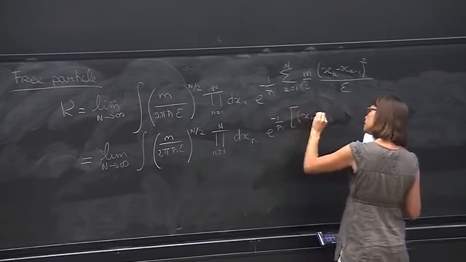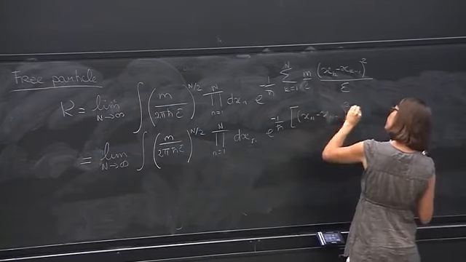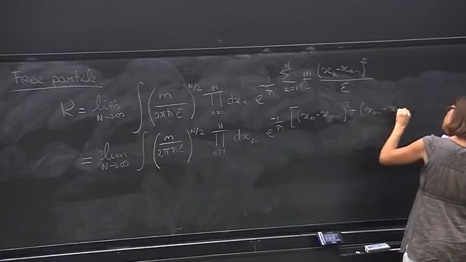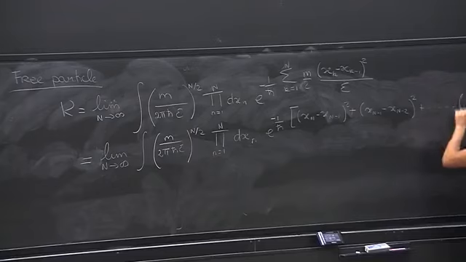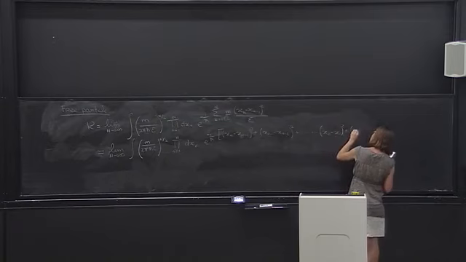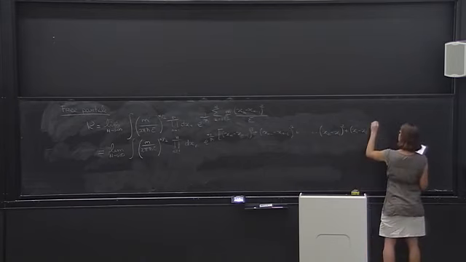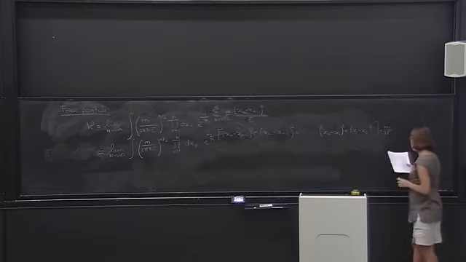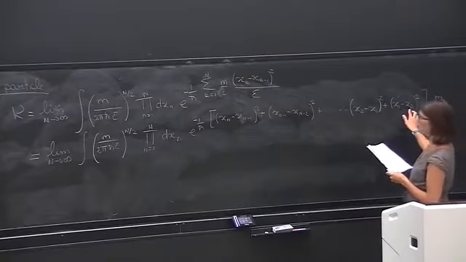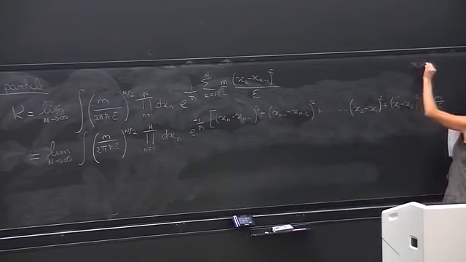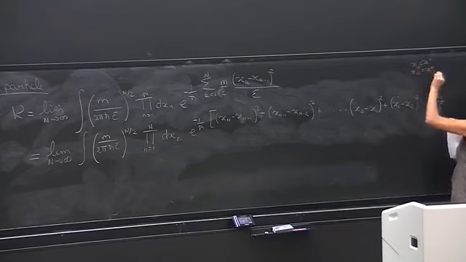So here we get all these terms until x2 minus x1 squared, times m over 2 epsilon, where x0 and xn are the original points: x0 is x prime and xn is x double prime.